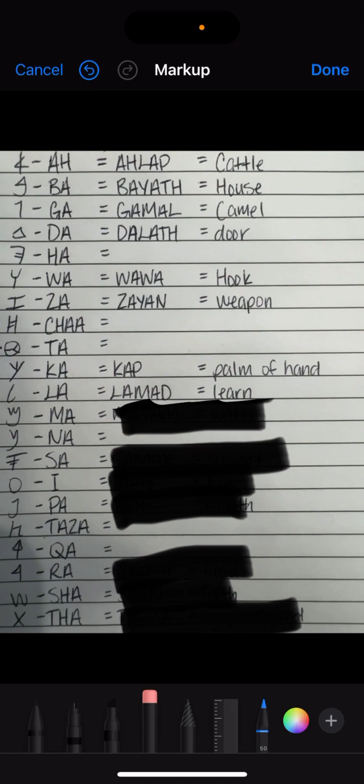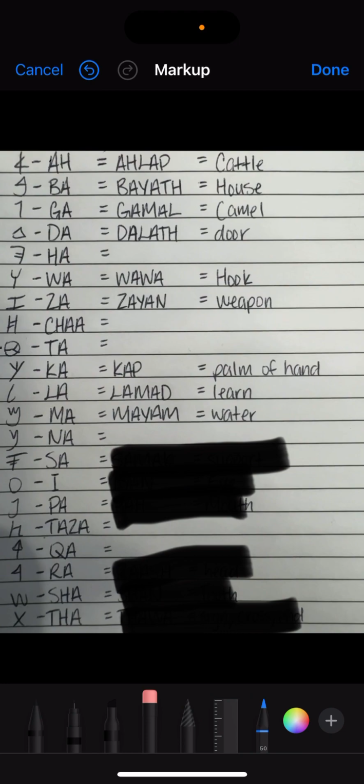It's ma, which means mayum, waters. It means water, almost like many waters.